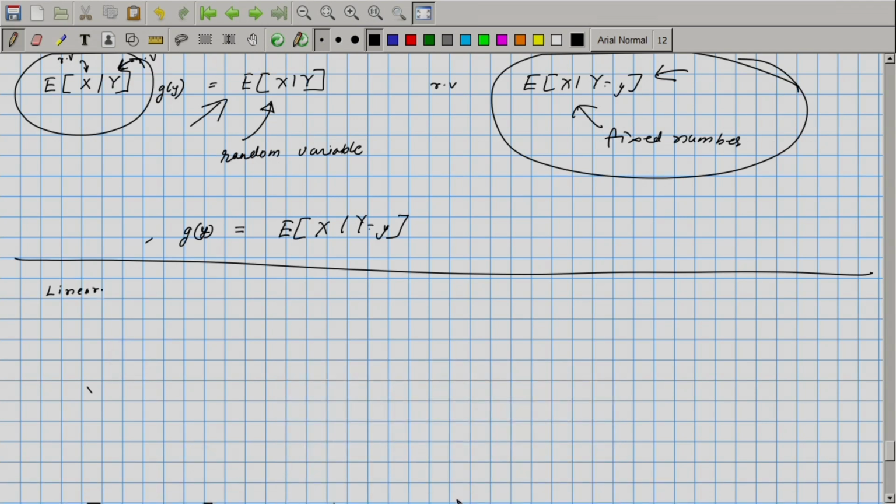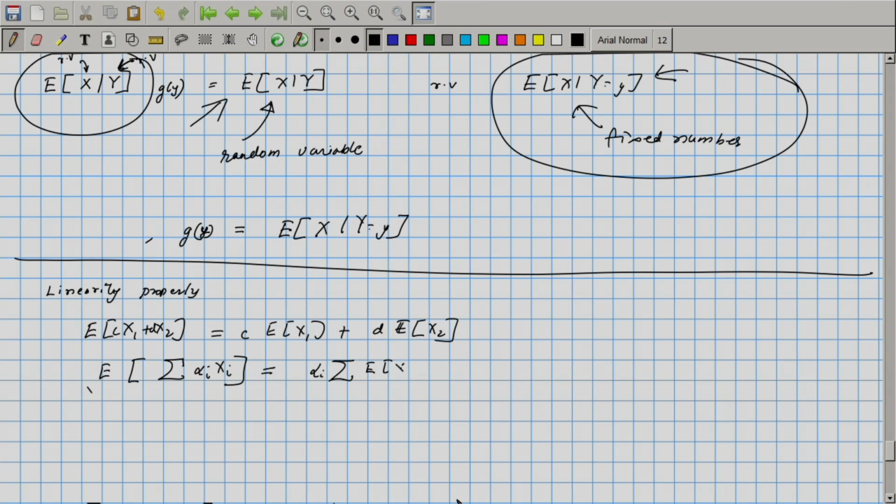We had the linearity property, which says expectation of c X1 plus d X2 is equal to c times expectation of X1 plus d times expectation of X2, or more generally, expectation of summation alpha i Xi is going to be equal to summation alpha i expectation of Xi. So, this is the linearity property of expectation.